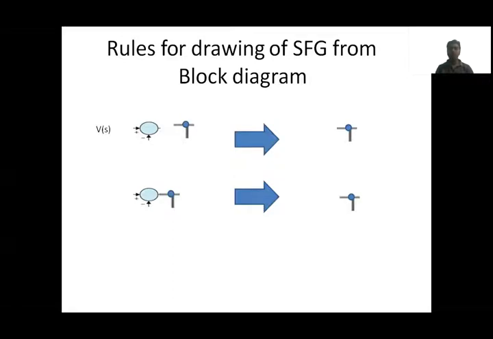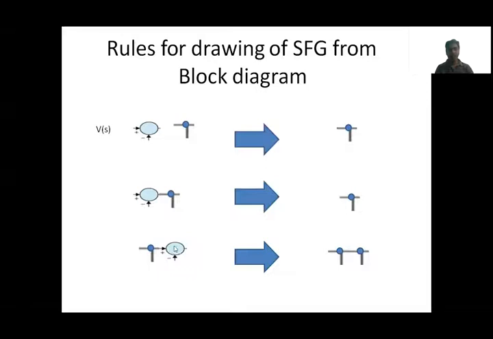We can combine these two and make it a single node, because of the signal flow, after this it is coming to the takeoff point. But if we have a summing point after the takeoff point, we have to represent it by two nodes, not by a single node.